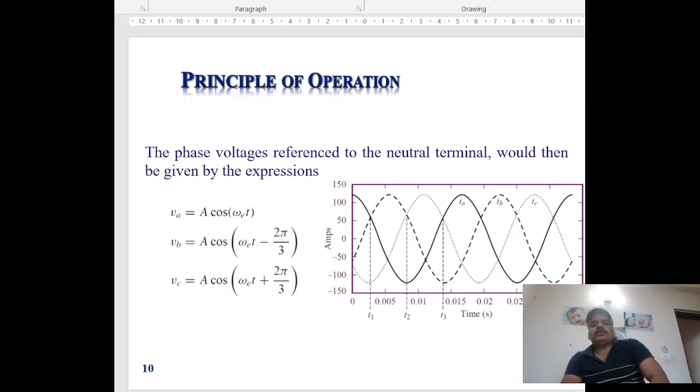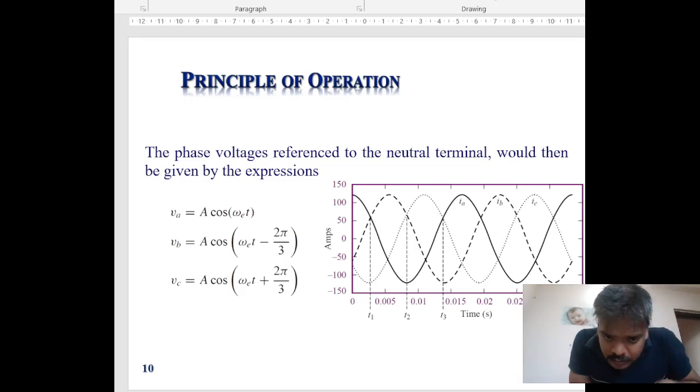The phase voltages referenced to the neutral terminal would then be given by the expressions: voltage A equals A cos omega t, voltage B equals A cos(omega t minus 2 pi by 3), voltage C equals A cos(omega t plus 2 pi by 3).